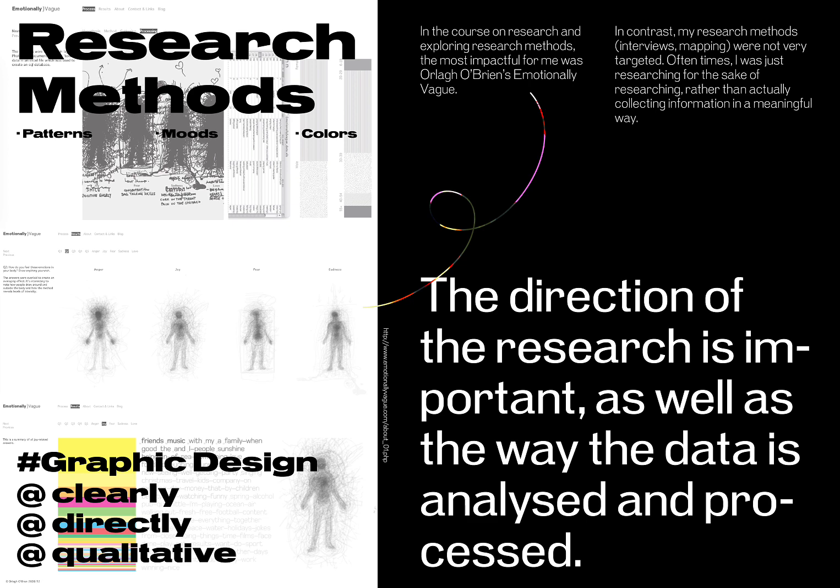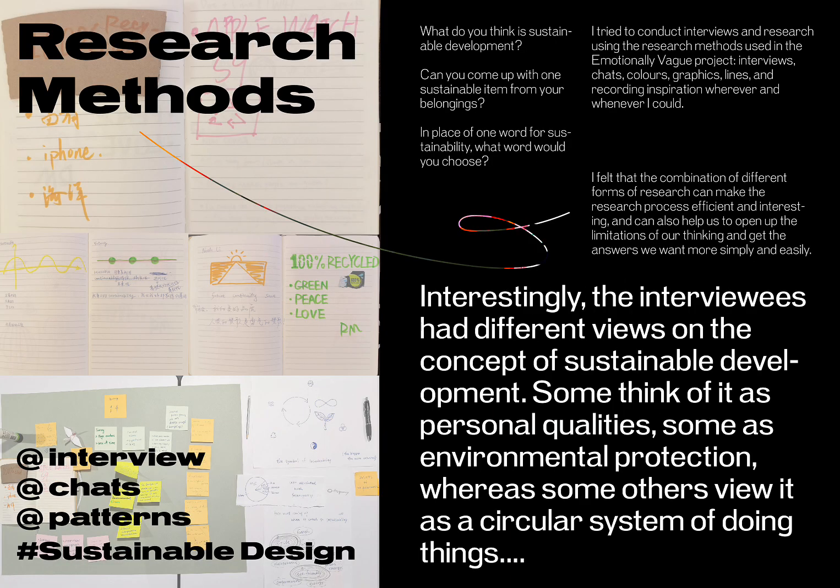I listed out 3 keywords as my reflection: clearly, directly, and qualitative. So, in researching everyone's views of sustainability, I came up with a list of 3 main questions, which proved to be a quick way to improve my efficiency and not to be overwhelmed all the time.